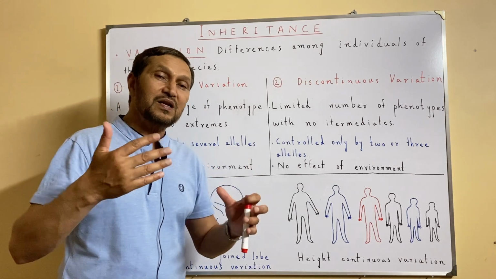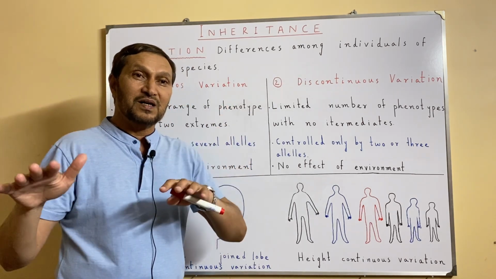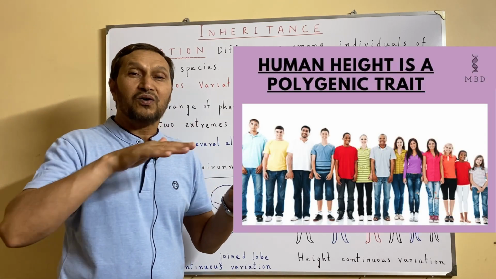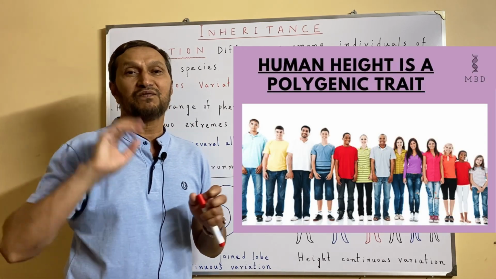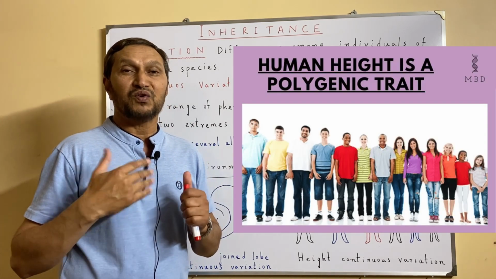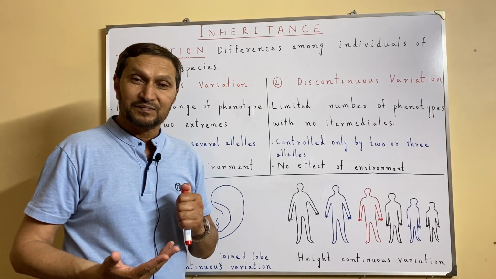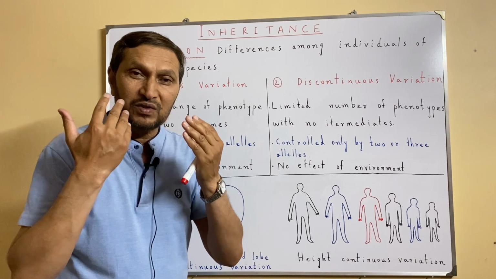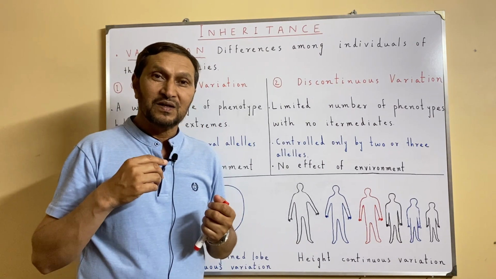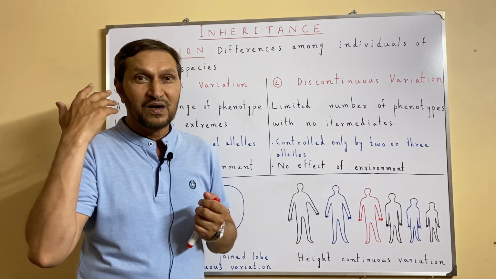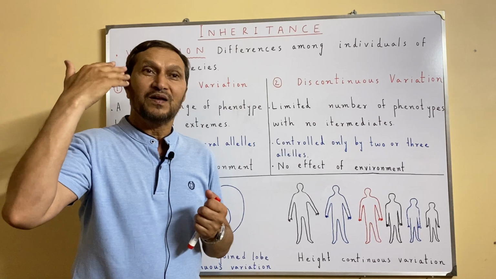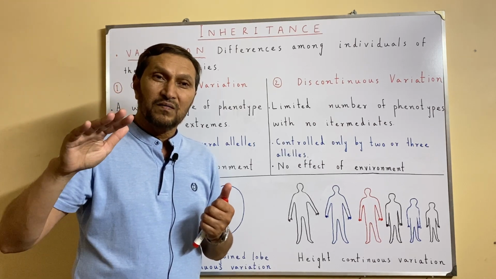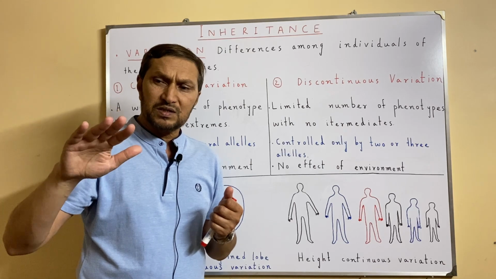Similarly, if we talk about human height, once again there is a wide range of variation. If we talk about the color of eyes, the hair color, or the shape of the hair, curly hair, straight hair, or somewhat in between.